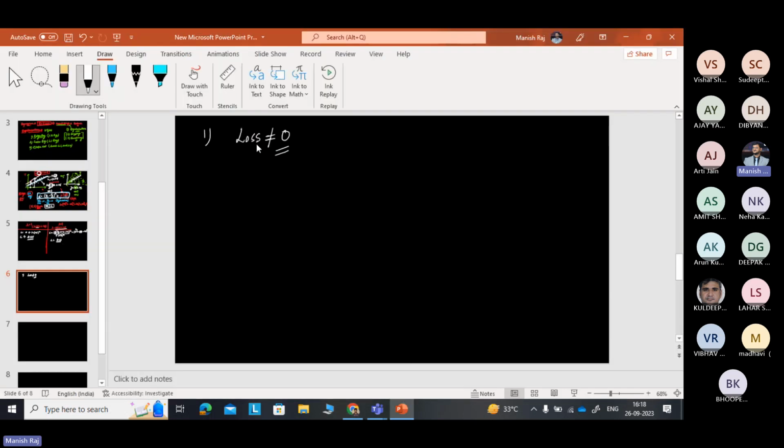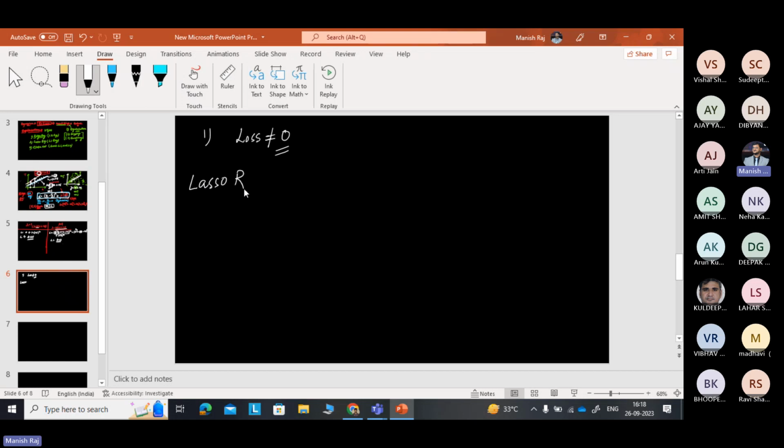Remember this part, because when we go for L1, the loss will reach zero. There is some significance of this part. That's why I'm saying this is the disadvantage of L2. That's why we use the second type, which is the lasso regression or regularization.